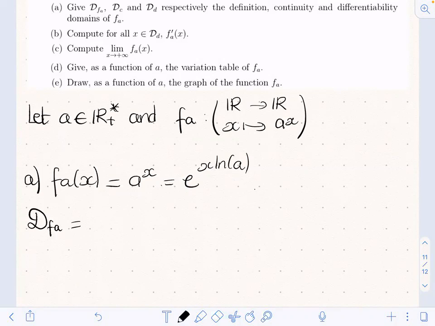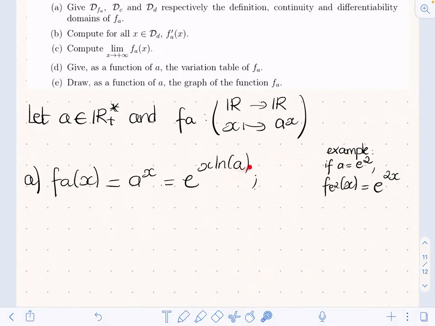An example of such a function that you can write: if a is equal to e to the 2, then f of e to the 2 of x is just exponential of 2x.